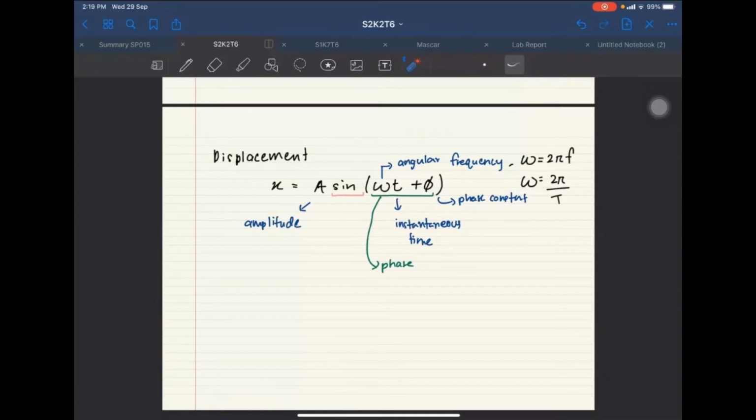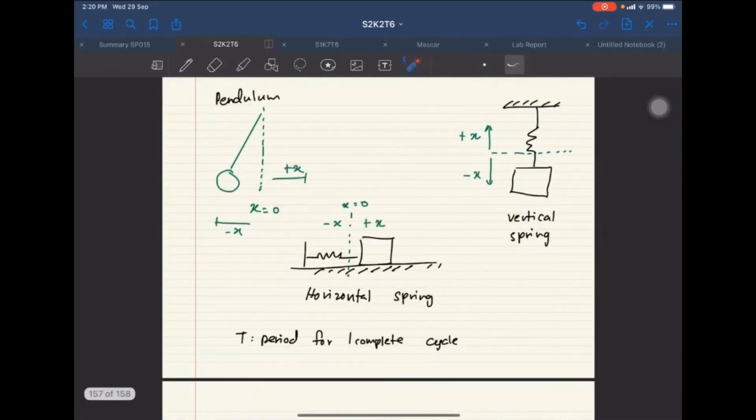And dia adalah constant untuk satu objek, satu A. Omega pun sama constant sebab dia depends on 2 pi over T. T doesn't change. Phase constant pun constant, yang berubah hanyalah T dengan X yang sebenarnya. And then yang sine ni pun is a constant, tapi dia boleh selain daripada sine. It doesn't have to be a sine lah.